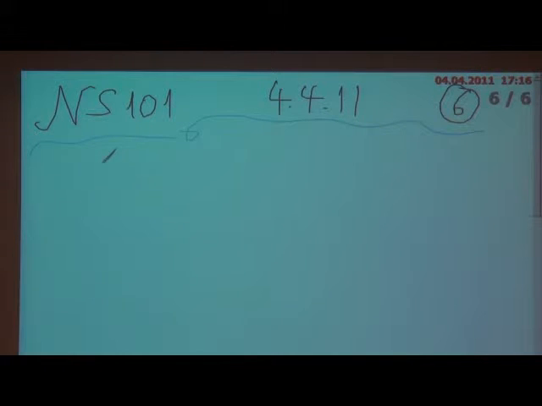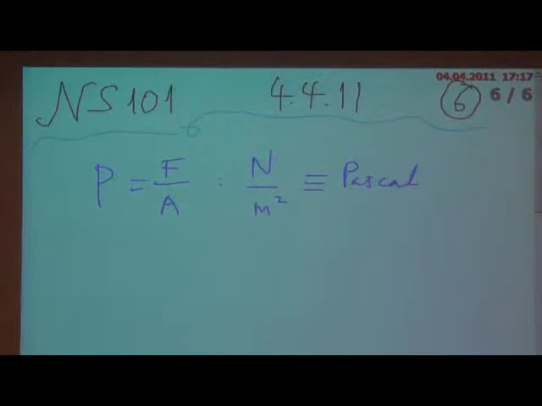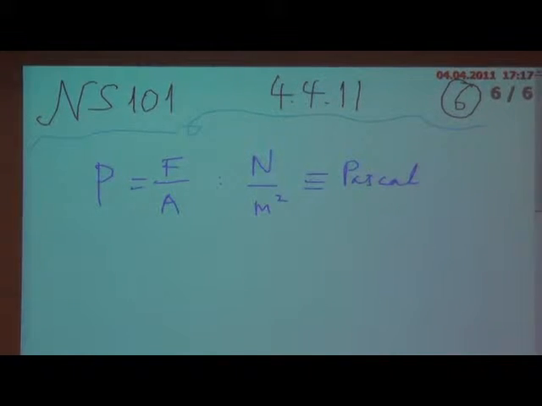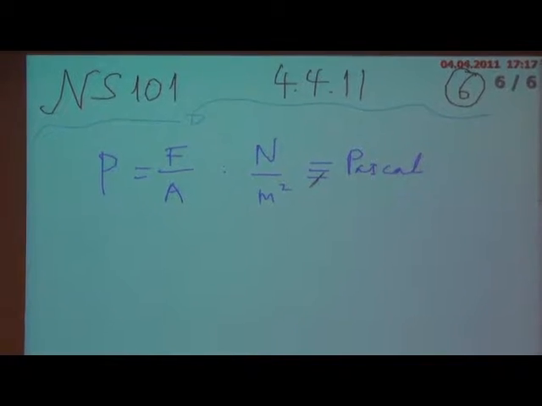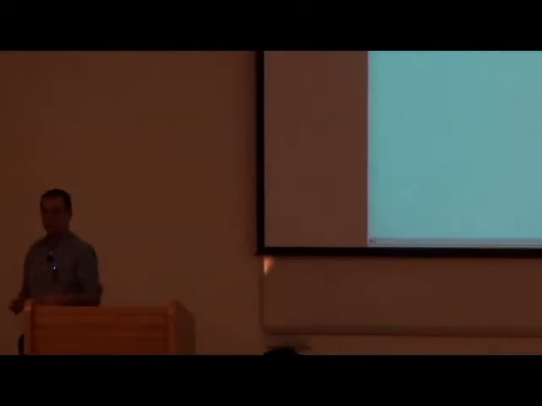Pressure is force per area, so what are its units? Newtons per meter squared, and this unit is given a name, it's called the Pascal, in honor of a 17th century philosopher, mathematician and scientist, Blaise Pascal, who didn't define this unit, of course, but he was one of the first people who made experiments about pressure.